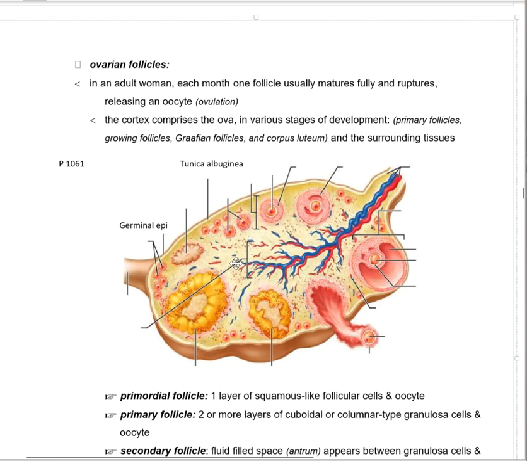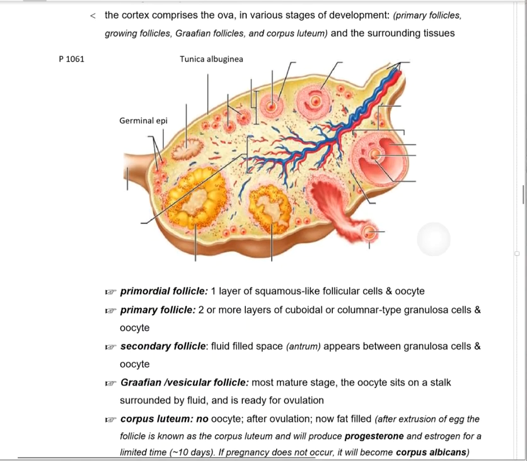But let's continue and look at the follicles themselves. In an adult woman, one follicle usually matures fully and ruptures each month, releasing an oocyte. The ova and oocytes change over time, so they have different developmental stages, and those are listed here below.